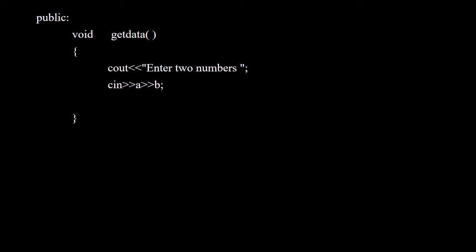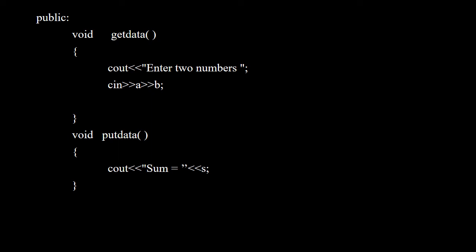What we write in the getData function is the set of input statements, compute contains the calculation steps, and putData contains the output statements.